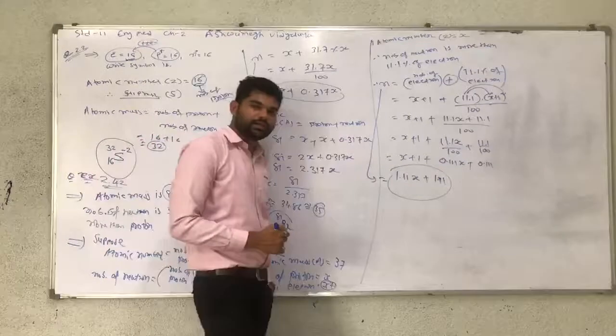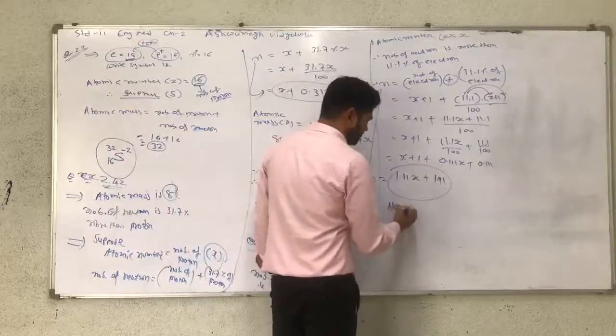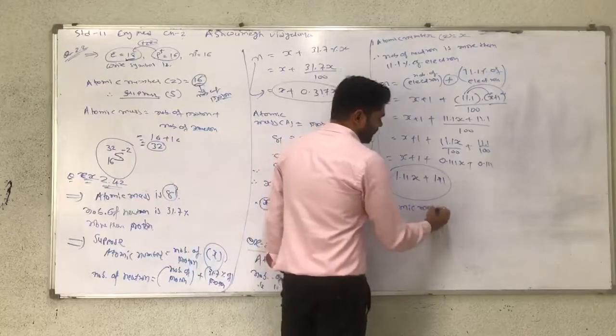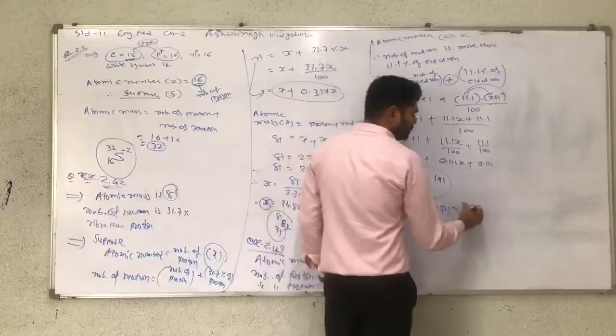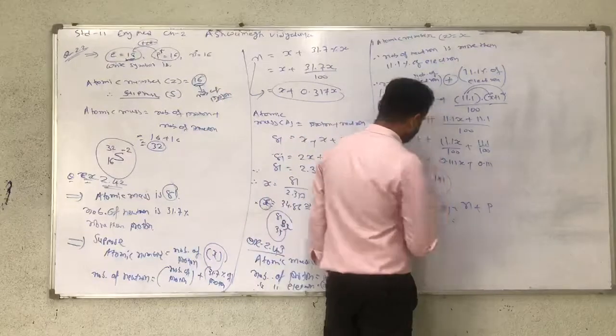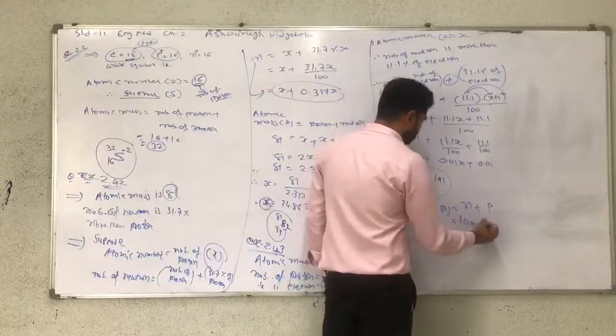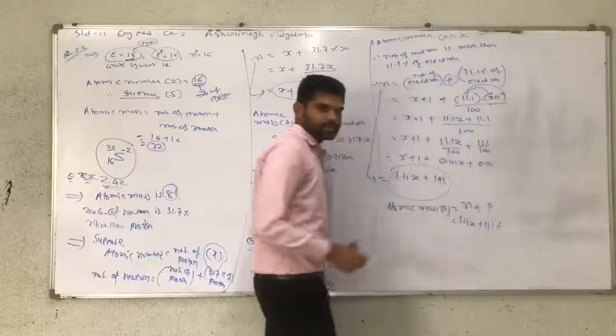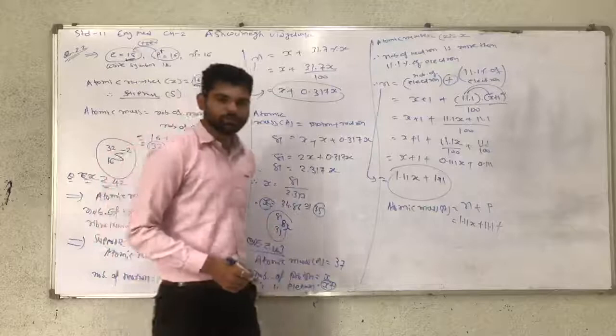Now find the atomic mass. Atomic mass A is equal to neutron plus proton. The neutron value is 1.111x plus 1.111, plus proton, which we assume is x.